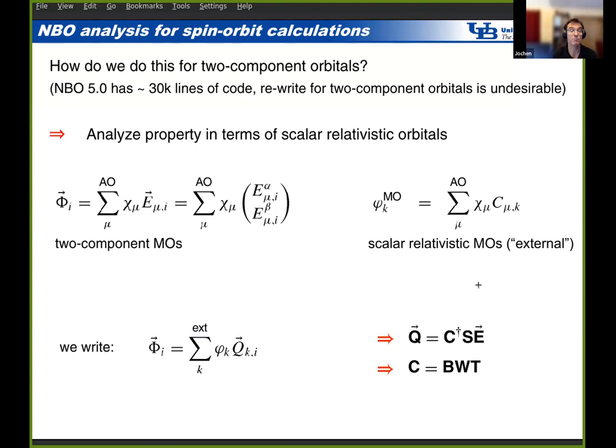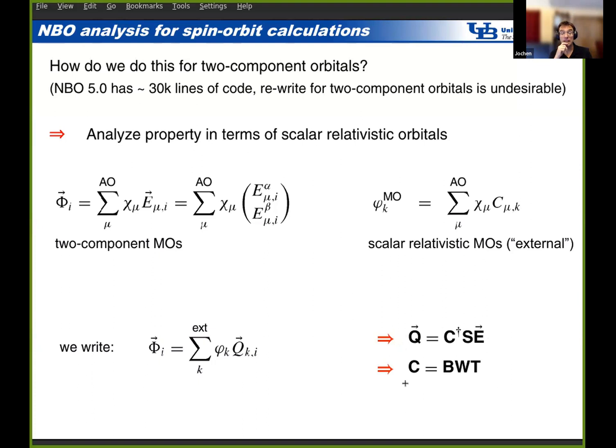And then we can map the matrix here, that's the matrix representing the two-component orbitals, onto the full set. So here we use the occupied two-component orbitals and map them on the full set of the so-called external, as I call them in the publication, scalar relativistic secondary set of orbitals to provide a match between the two calculations.